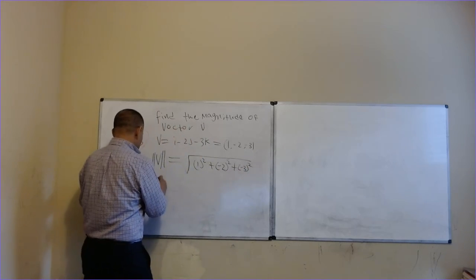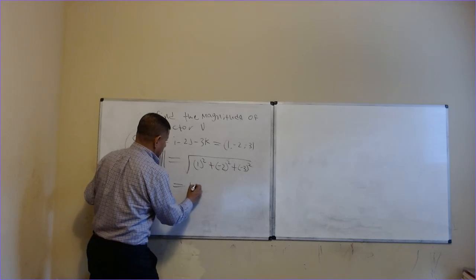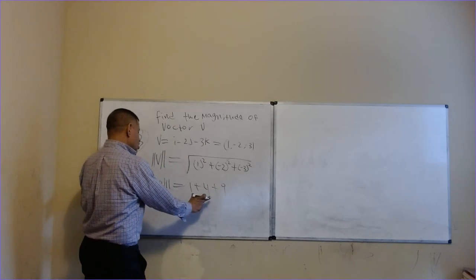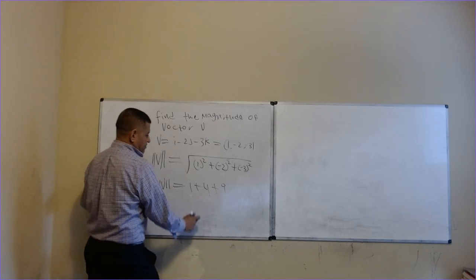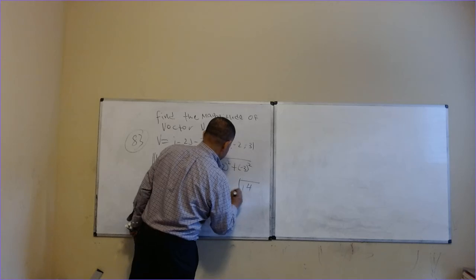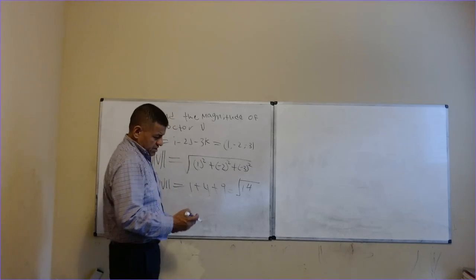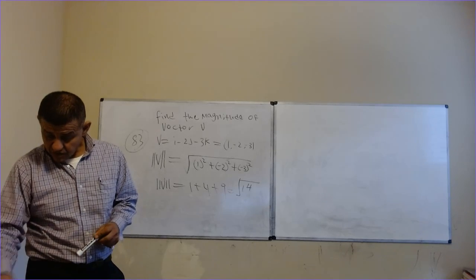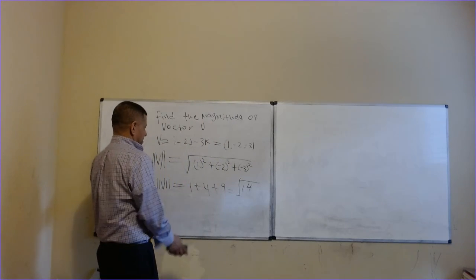So then vector v, the magnitude of that, is equal to 1 plus 4 plus 9, which is 14. So we'll get the square root of 14, after I add those up. So they only want the magnitude. So that's it, that's number 83.